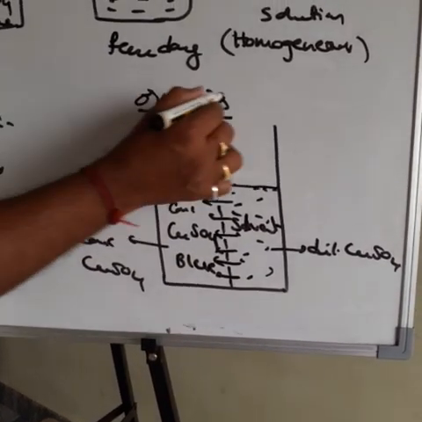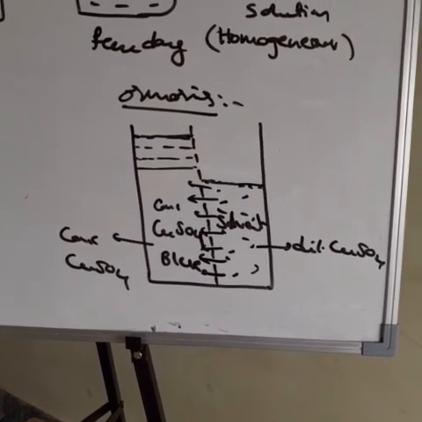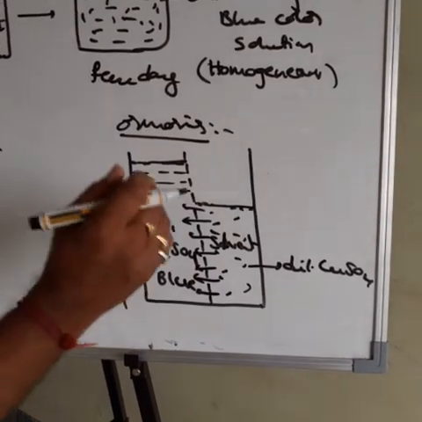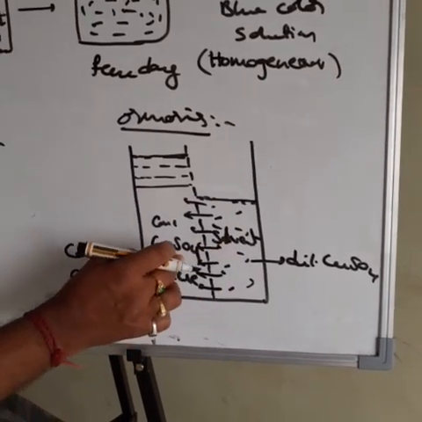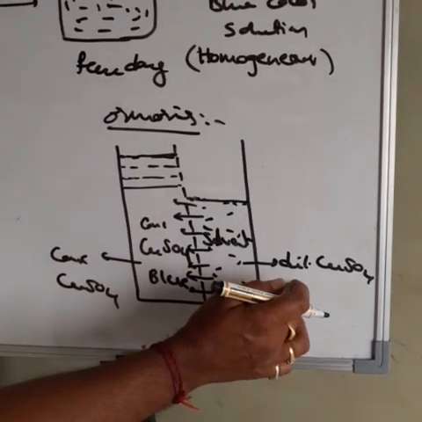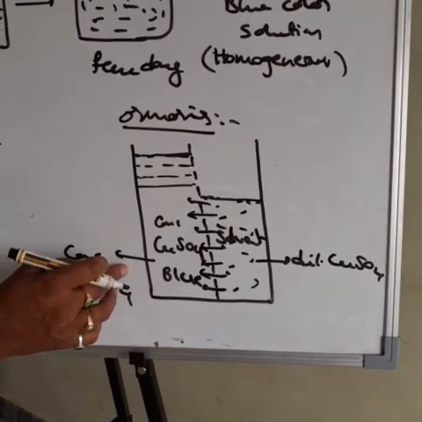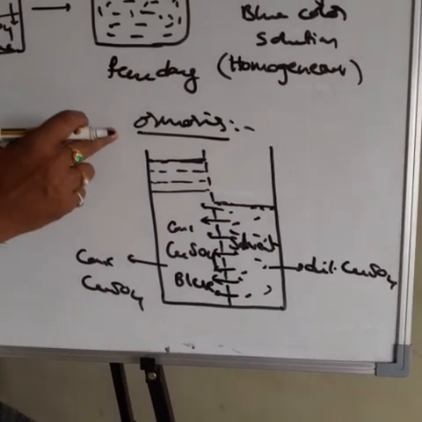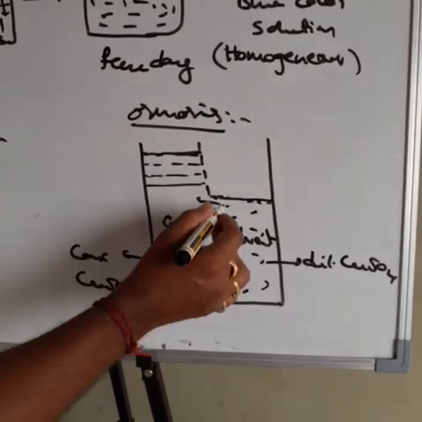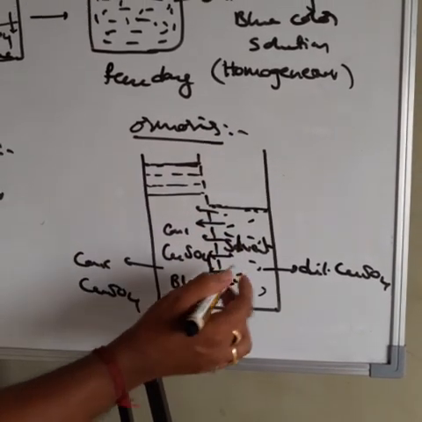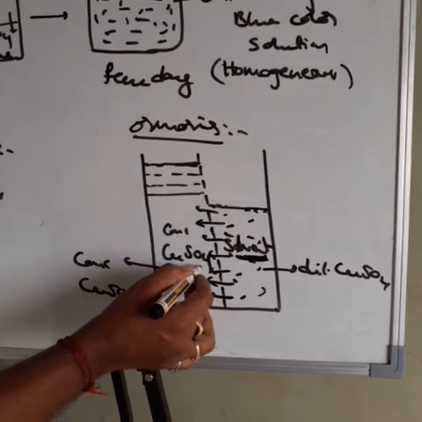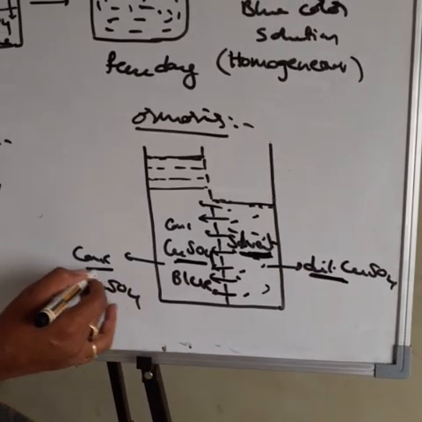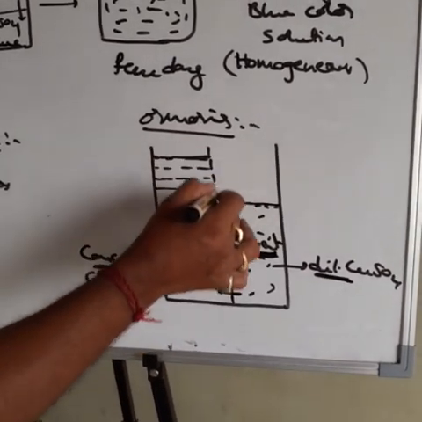Then what is the definition of osmosis? Osmosis means the flow of solvent particles, or solvent molecules, from the pure solvent to the solution, or from the less concentrated solution to the more concentrated solution, through the semi-permeable membrane.